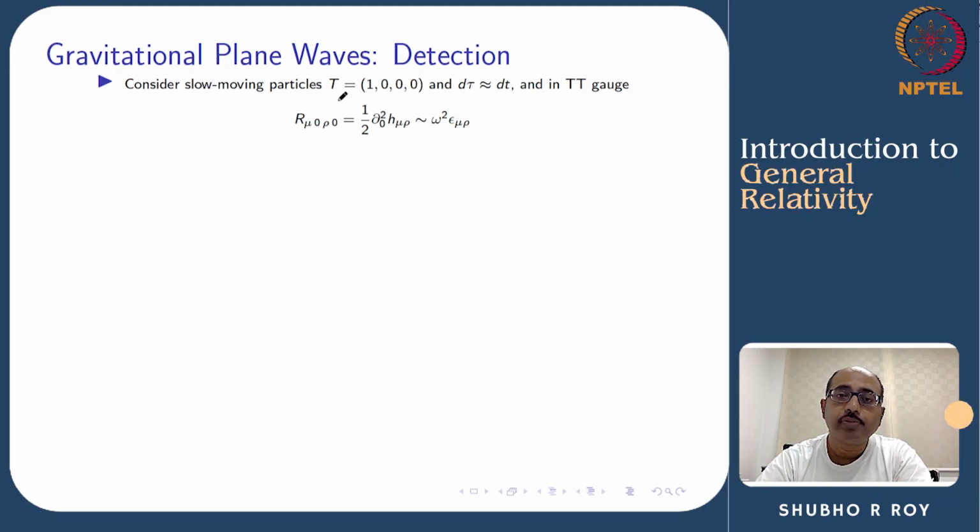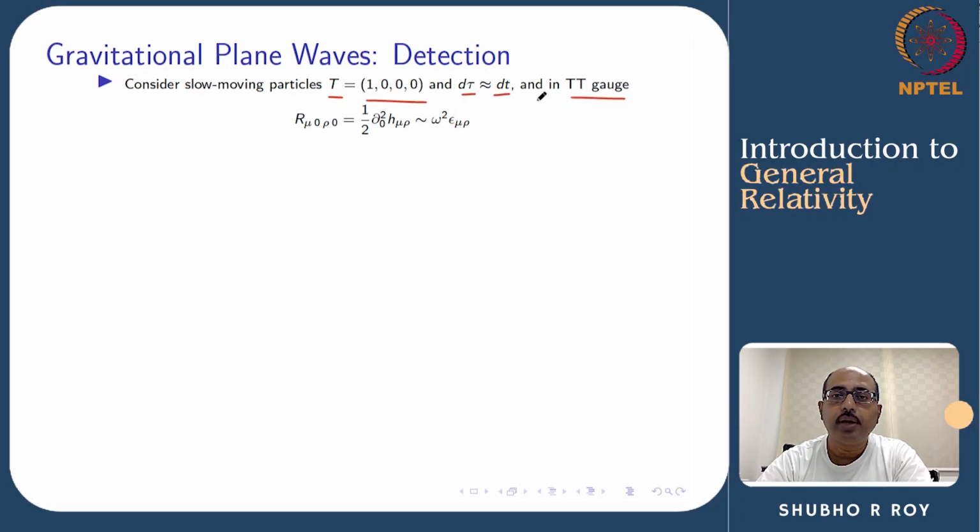So slow-moving particle means that the tangent vector, which gives the four-velocity, I can take it to be this, 1, 0, 0, almost zero velocity. And in such cases, proper time can be equated to lab frame time. Okay? And we're going to operate in the transverse traceless gauge.